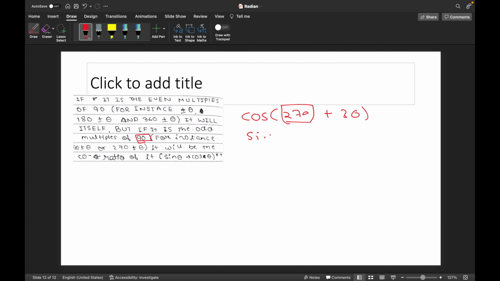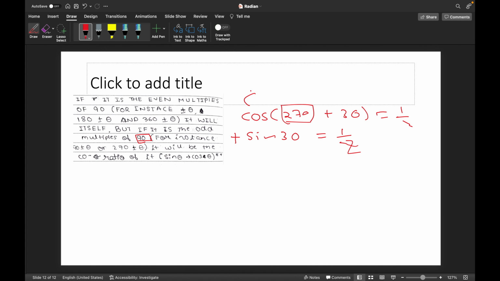So it's going to be sine 30. And this is in the fourth quadrant, so it's going to be plus. So if you plug the value of cos 300 into your calculator, you'll get 1 by 2. And this will also be 1 by 2. So this is how you use this information. And then you can try it for any values. So yeah.